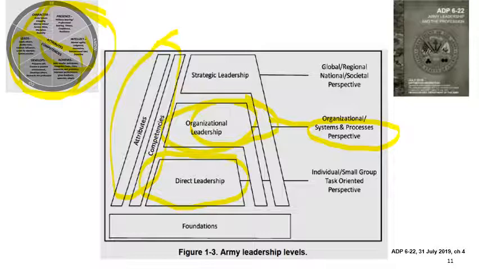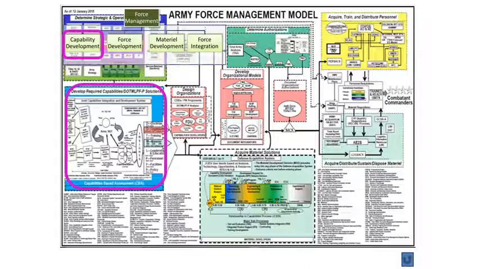The military decision-making process, the joint planning process, the force development process, the force integration process, the joint capability integration development system, planning, programming, budget and execution system, and the defense acquisition system. So again, you're going to want to master those systems and processes that are covered in CGSOC Common Core.